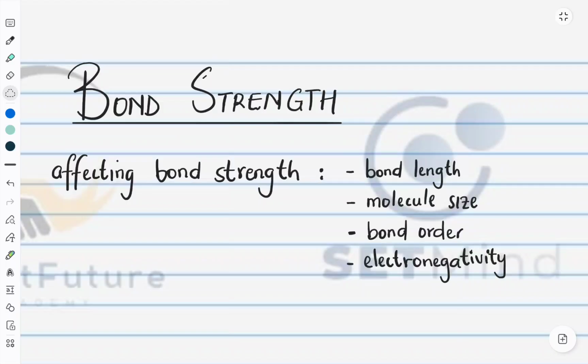If they are pulling so hard towards one another, the bond length will be at the lowest possible value. And remember, the shorter the bond length, the stronger the bond strength. So that's another way in which the bond strength is affected.